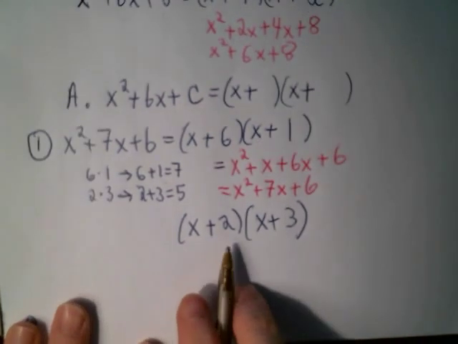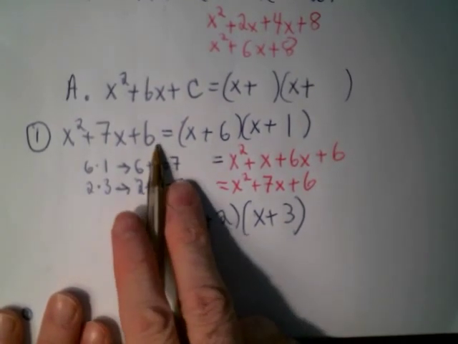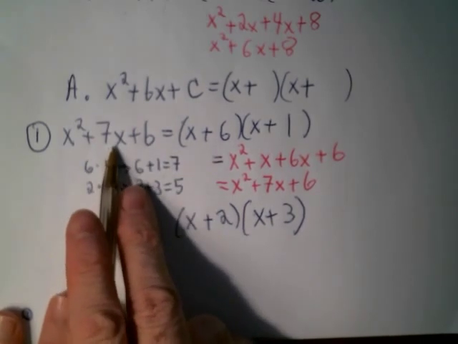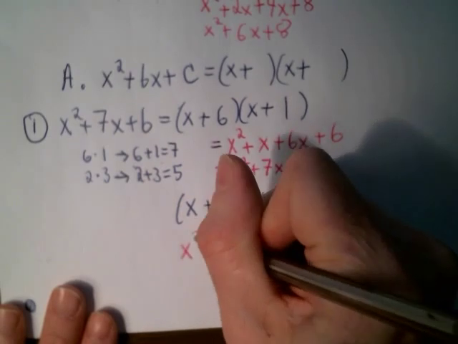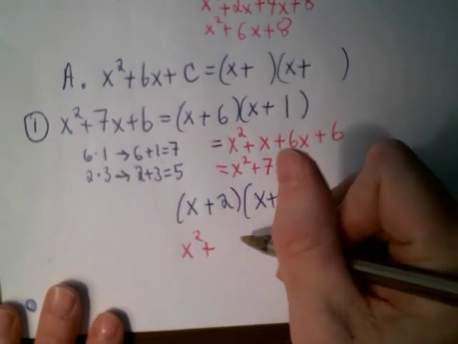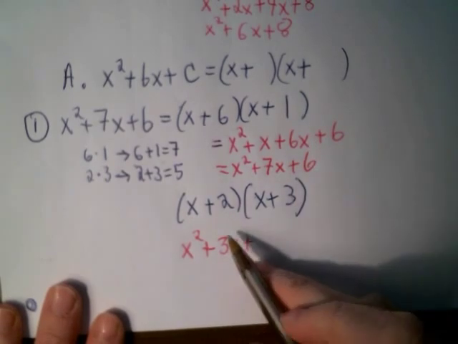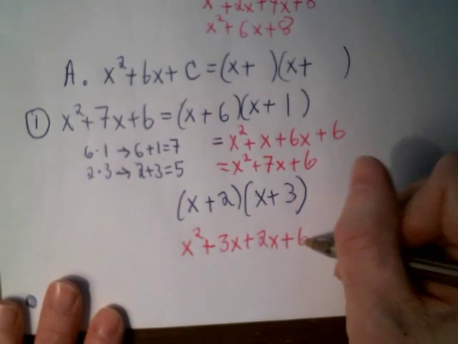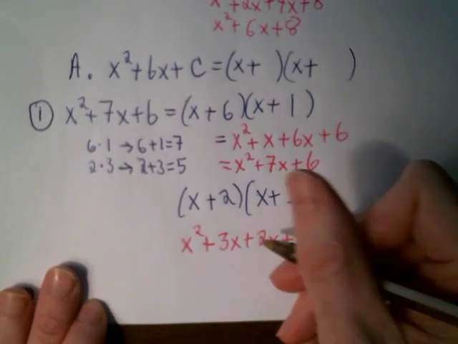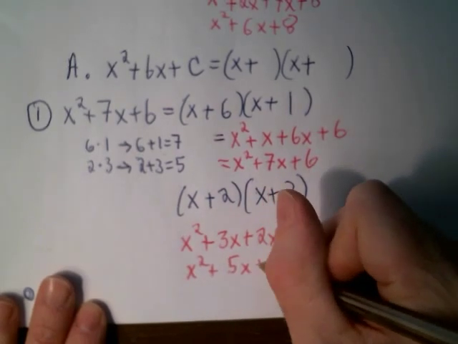So contrast that with this other factorization, 2 times 3. That'll give me this last guy 6, but the problem is it will give me 5x in the middle. So you'll have x squared plus the outer is 3x, so this times this, and then the inner is 2 times x, and then the last is plus 6. Adding them together, you get x squared plus 5x plus 6.